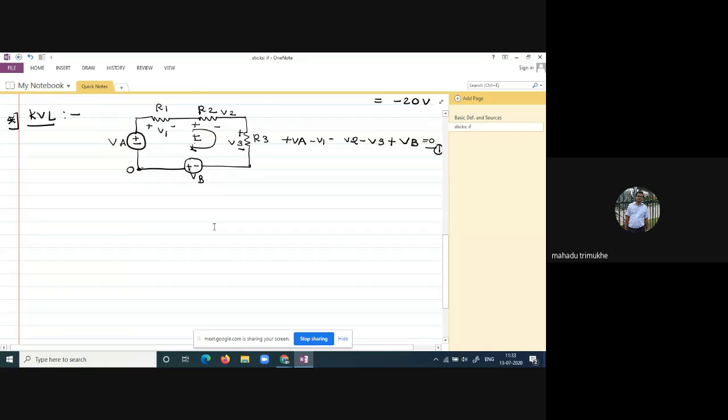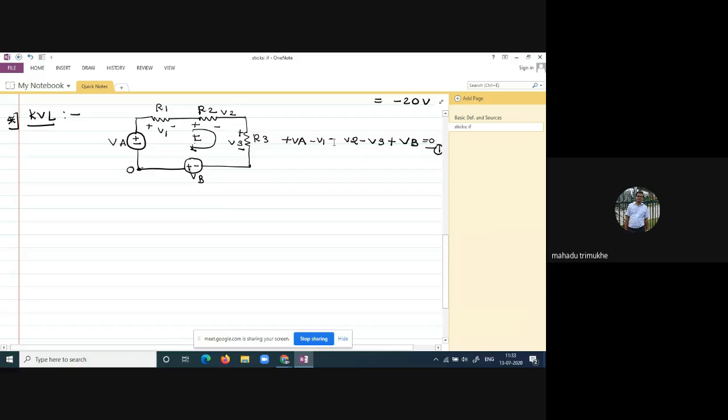Suppose the current I produces the voltage drops V1, V2, and V3. While traveling in the loop direction, these voltages drop in potential from positive to negative, which means these voltages are given a negative sign over here.